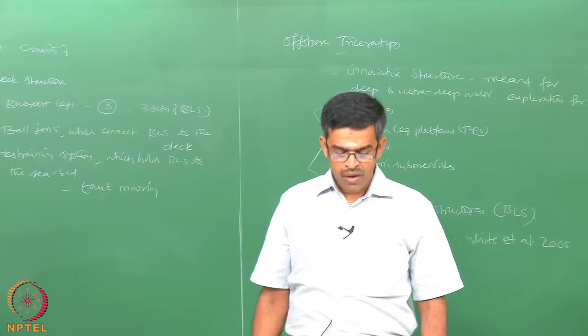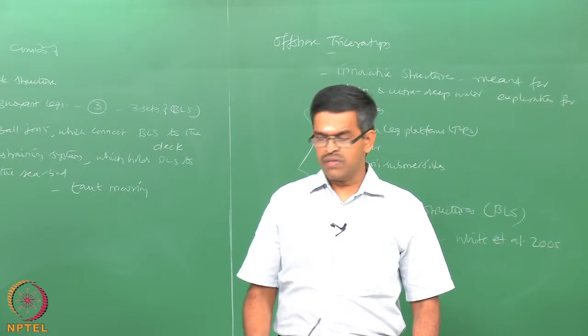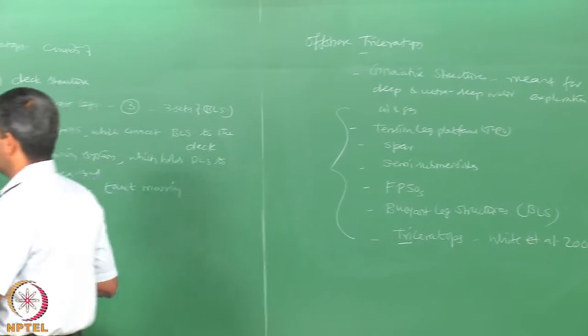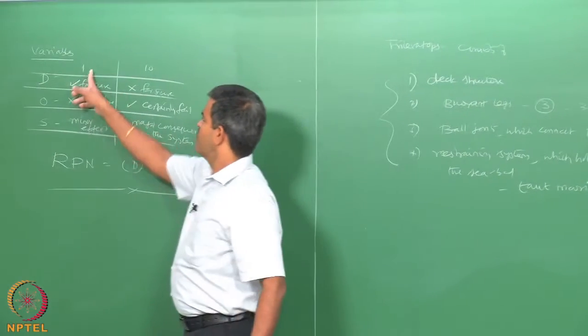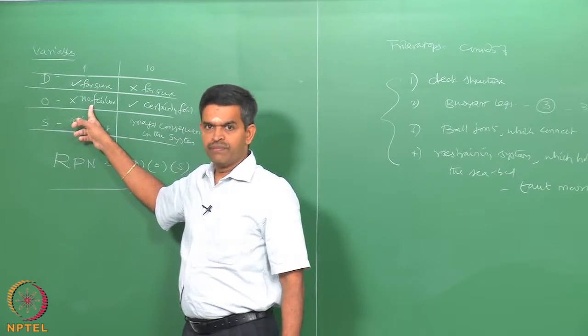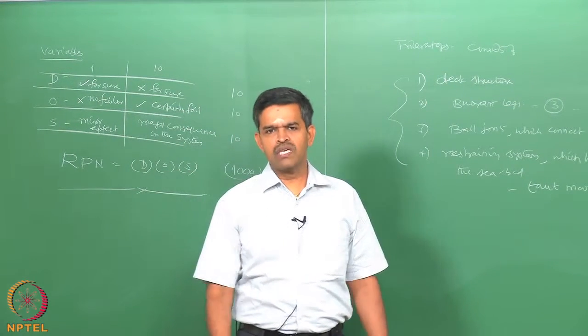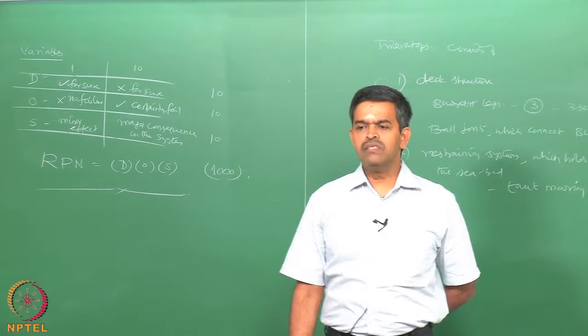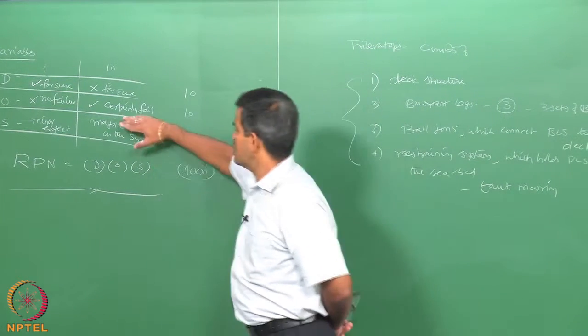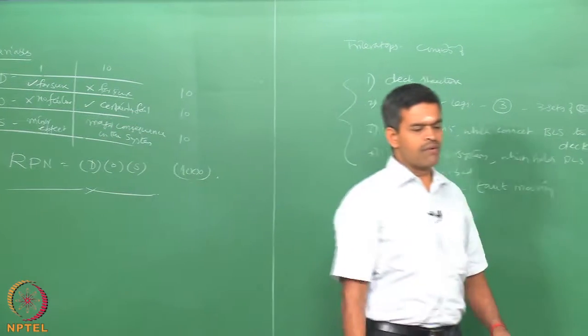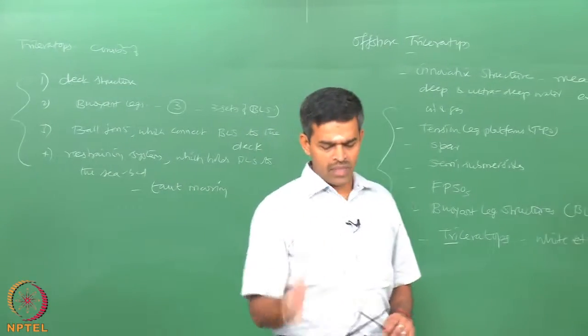That is the severity. What is the likelihood or occurrence of this event? If you say 1, for sure there is no failure of the joint. If you say 10, for sure the joint will fail. Obviously, one will not assign a number 10 here, because one does not design a system to certainly fail. Therefore, we have taken a number 4 on a relative scale of 1 to 10.